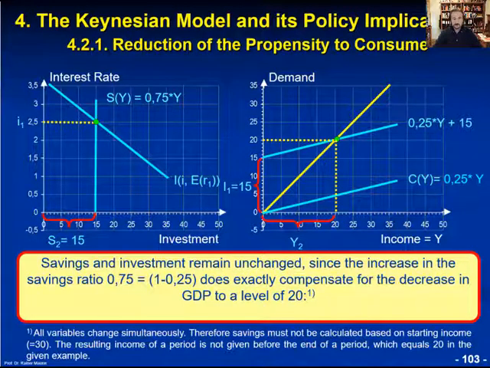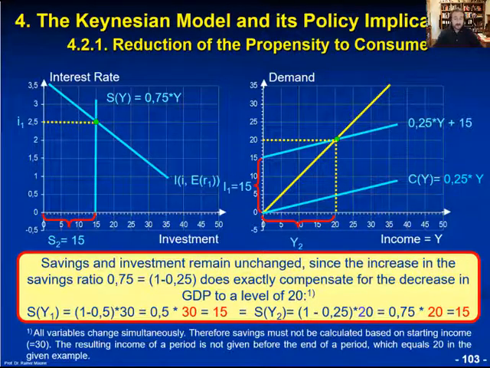Actually, this does not happen. Instead, the reduction of GDP from 30 units to 20 units causes savings to stay constant despite the higher savings ratio. Numerically, 50% times 30 equals 15, and a savings ratio of 75% times a GDP level of 20 also equals 15.